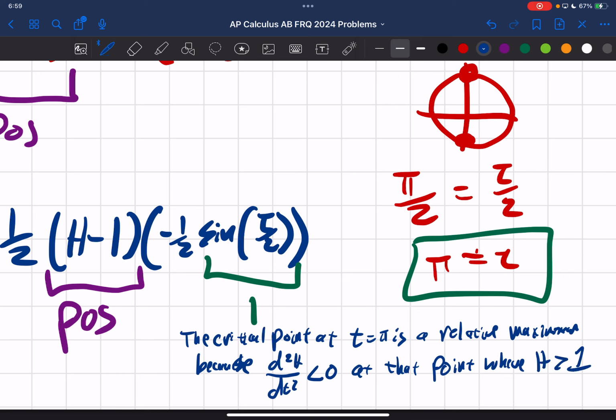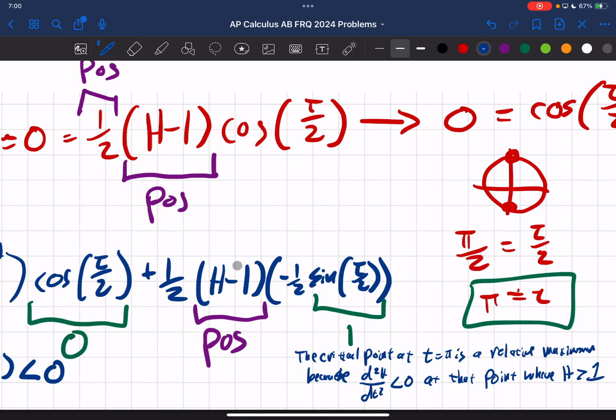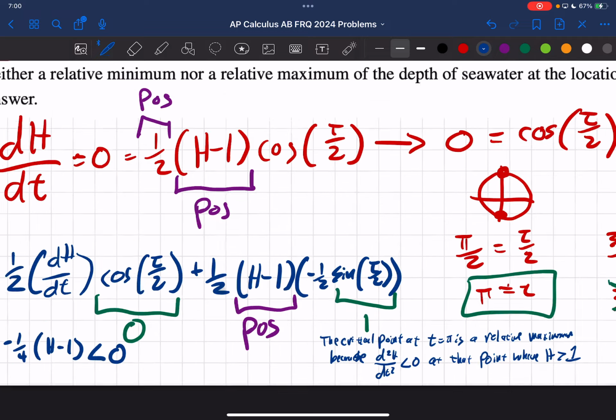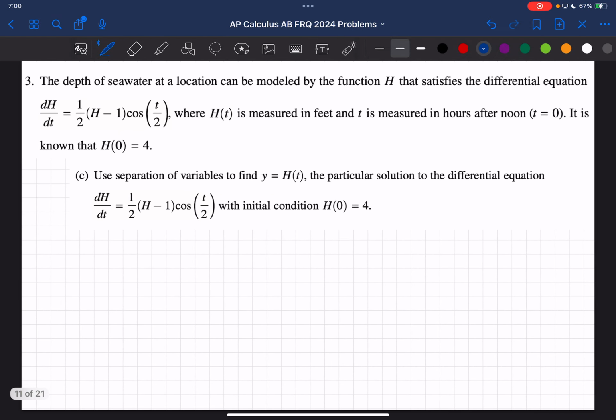Should probably mention that detail because that is the detail that allows us to say that this is a positive right there. Okay, so that was part B.